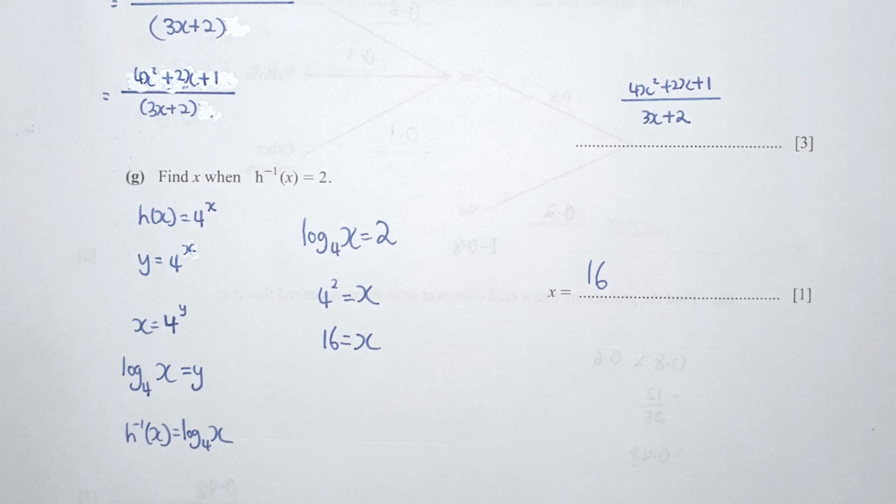And for g, okay, I'll be using logarithm to get this done, because it is the most efficient way that I can think of. So h x equals 4 to the power of x.